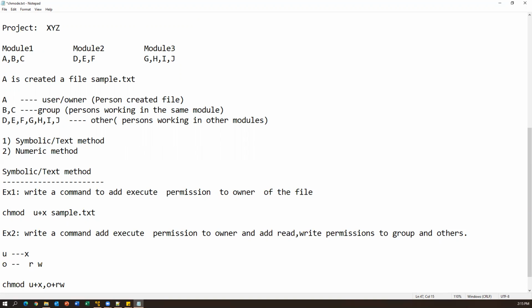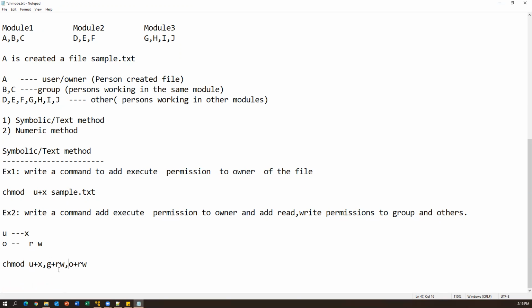Okay, so this is how we can specify. And owner should have execute permission and read and write permissions to the group and also others. Not only others, groups also should have read and write. So in the second parameter, groups, right? So g+rw, comma. So this is a complete command.